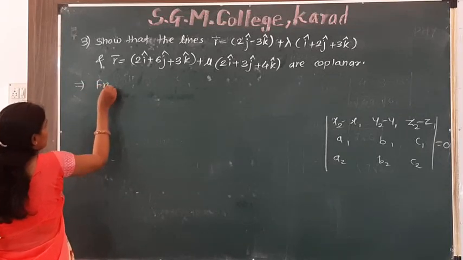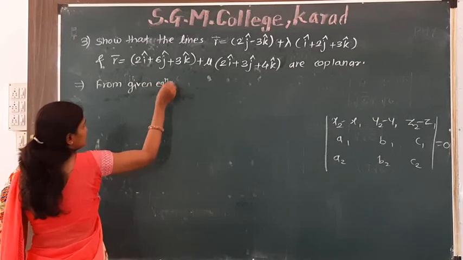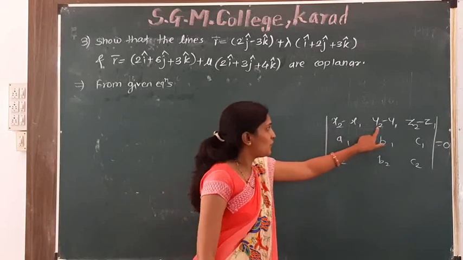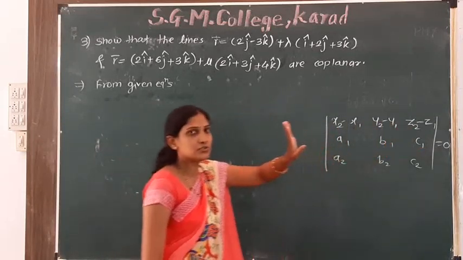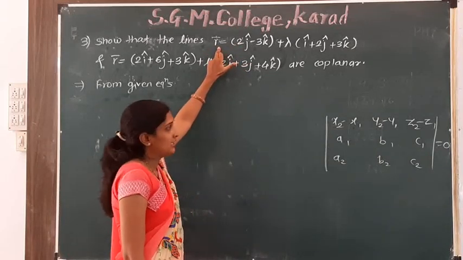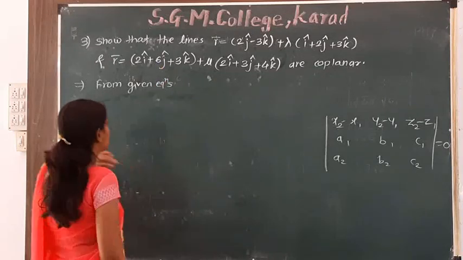So from the given equations, what is x2, y2, z2? It is a point. Or what is x1, y1, z1? It is also a point. It is a point on the first line, and x2, y2, z2 is the point on the second line.